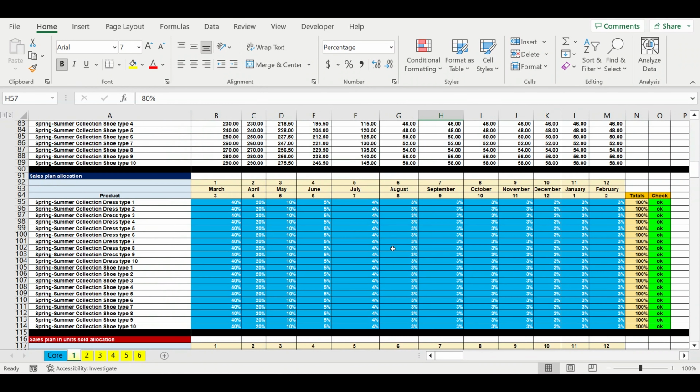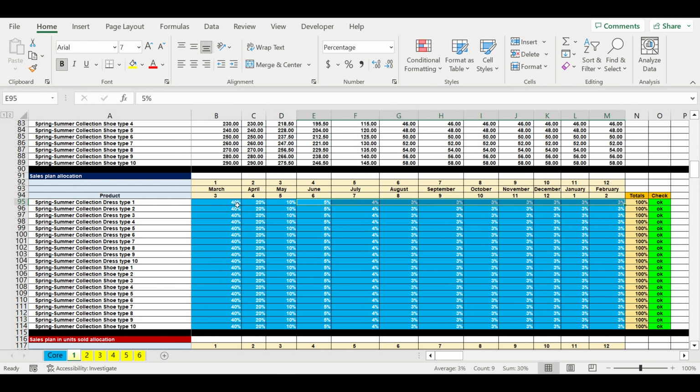Then we start working with the sales plan. We allocate the percentages of the sales plan inside the timeline. For example, when the collection appears in the store, in the first month we're selling 40% of units, 40% of the sales plan. Then in the next month 20%, 10%.